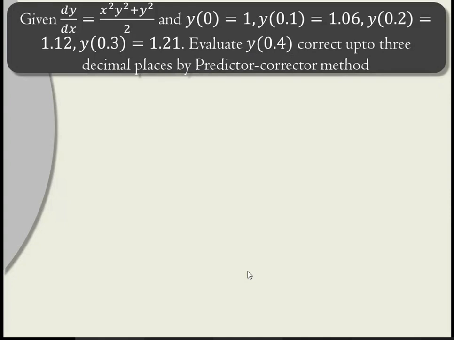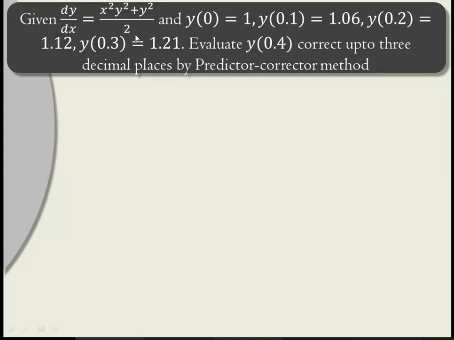Evaluate y at 0.4, correct up to 3 decimal places, by the predictor corrector method. For predictor corrector we need these points: y0, y1, y2, y3, x0, x1, x2, x3, which are given in the problem. f of x, y is also given.